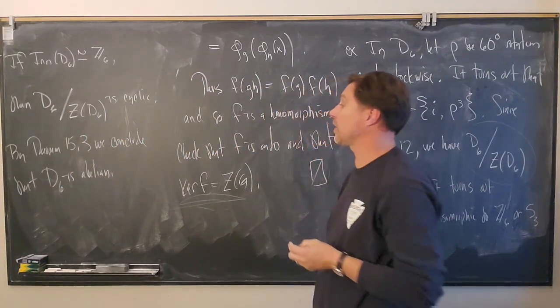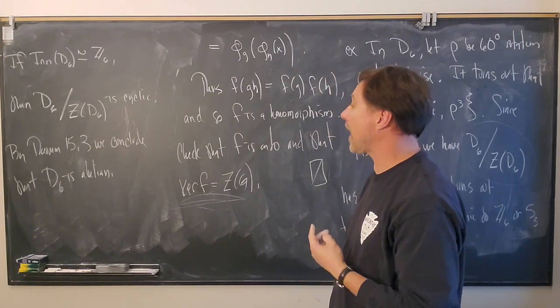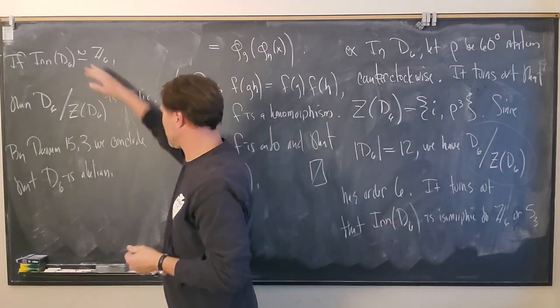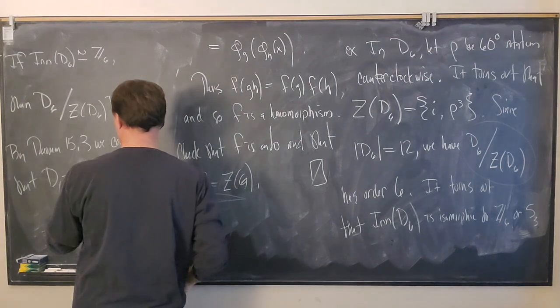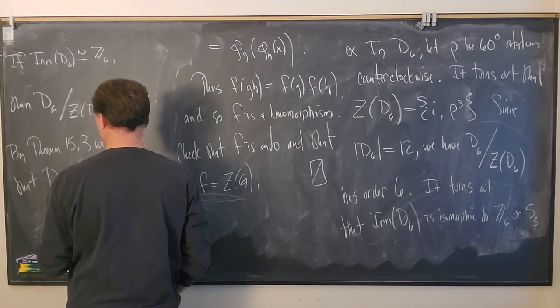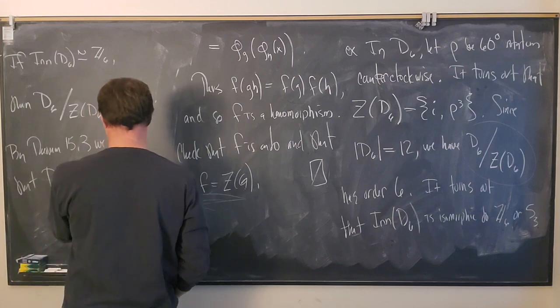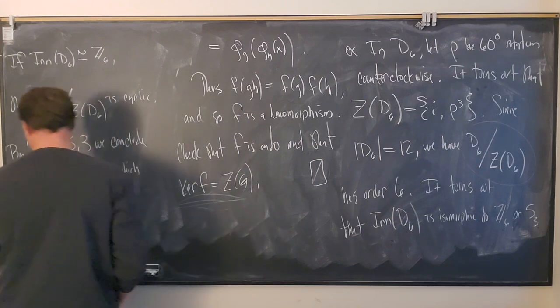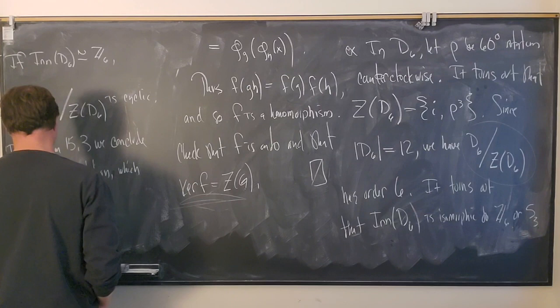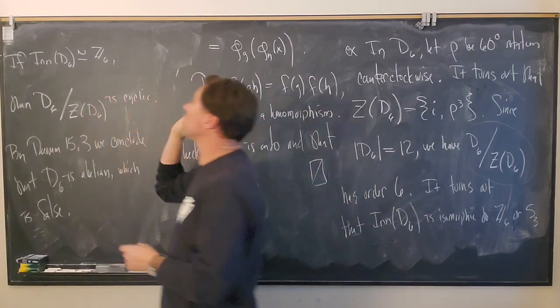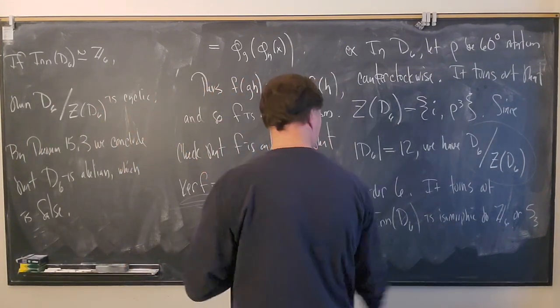D6 is a non-abelian group, and so that means that it's not Z6. So we conclude, which is false. Okay, so that rules out that possibility, which means that Inn(D6) has to be isomorphic to S3.